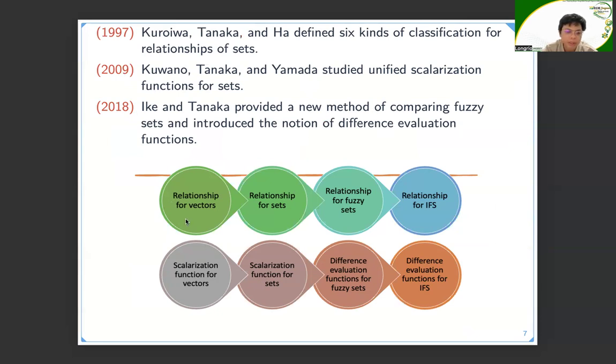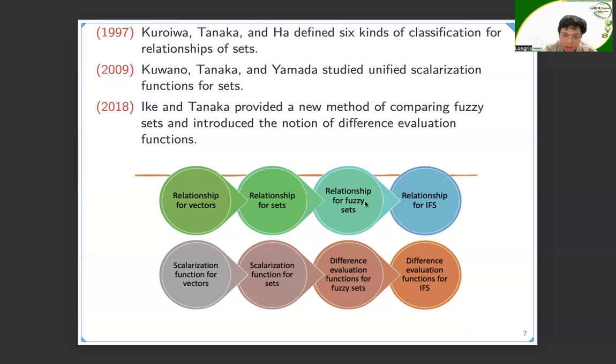In mathematics, relationship for vectors is quite common or popular in vector optimization, and scalarization function for vectors is studied to determine how different they are or the magnitude of their difference. To generalize, relationship for sets was studied and their scalarization function for sets.